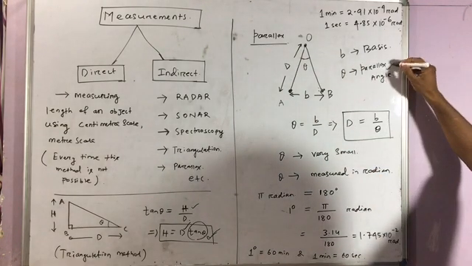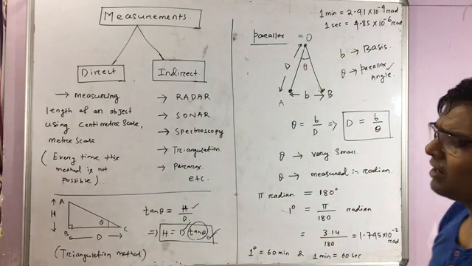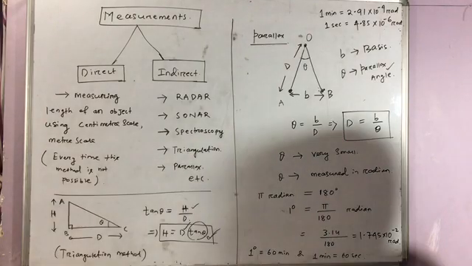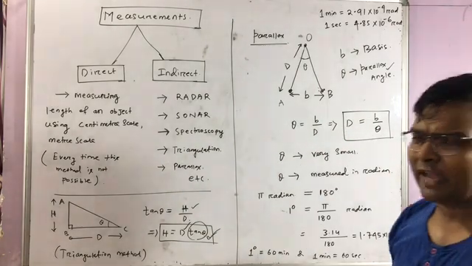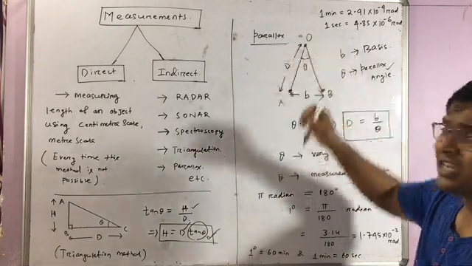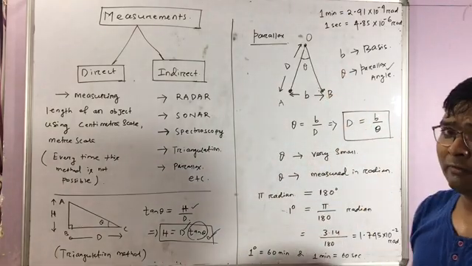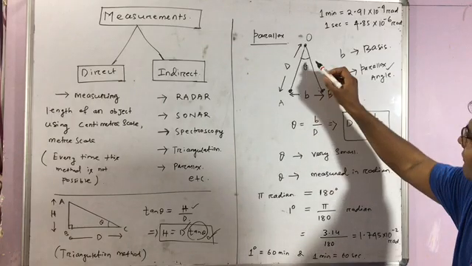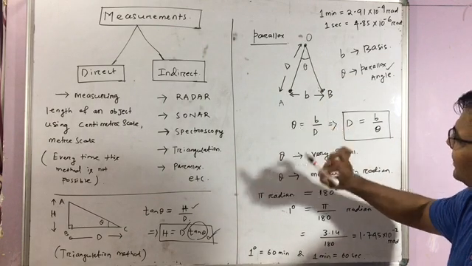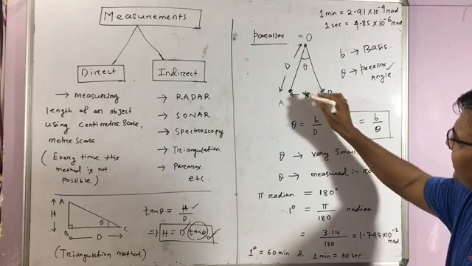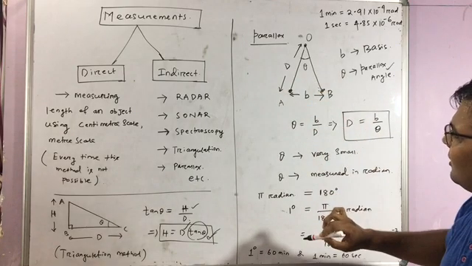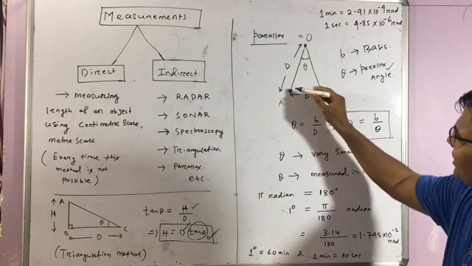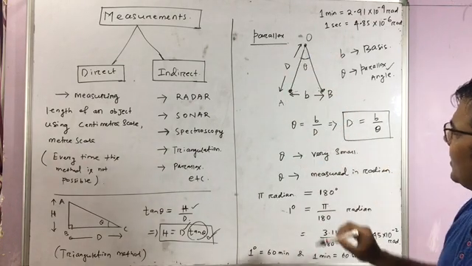Clear? And this method is an approximate method. If the value of theta is very, very small, then the accuracy will be more. And now you see, if the value of theta is very small, then theta we can take as b by d, means this by this. If theta is small, then theta is equal to this length divided by d.